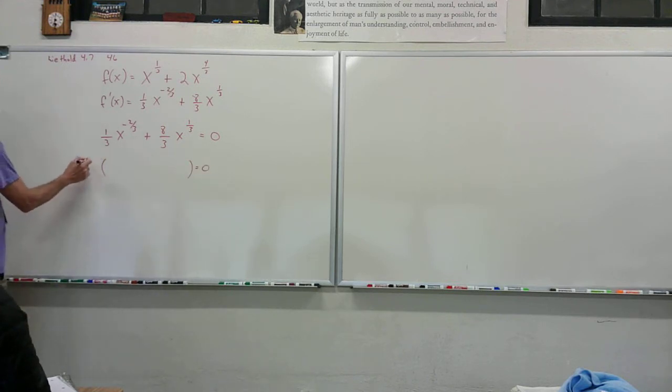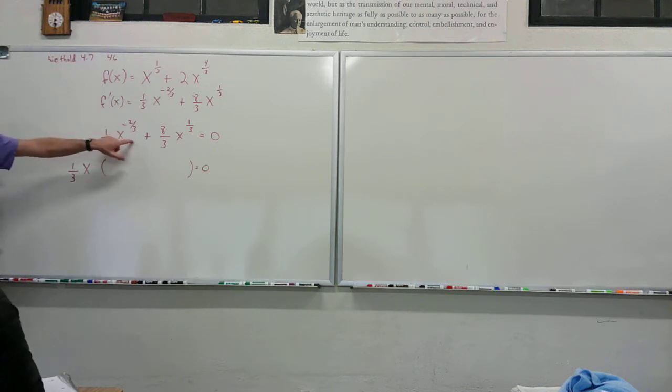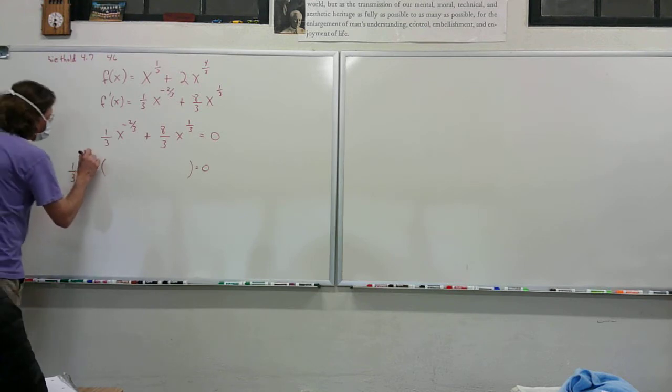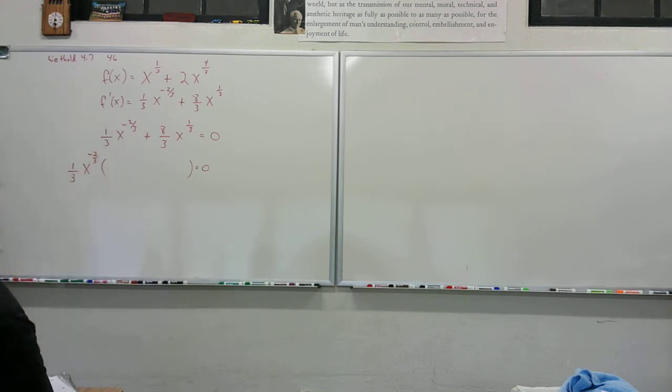You're going to factor out an x. What power of x are you going to factor out? The lowest, yes, negative 2/3. Thank you for remembering that. Earlier this year, I kept stressing, factor out to the lowest power.